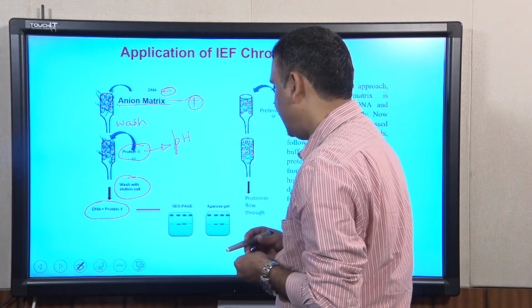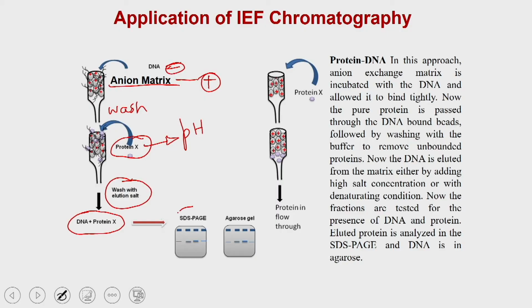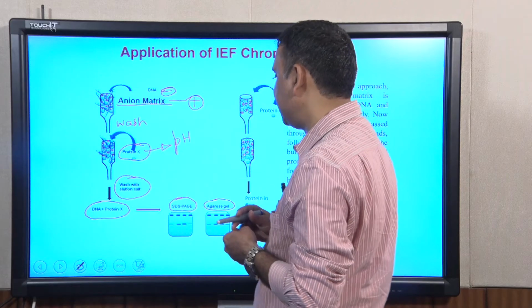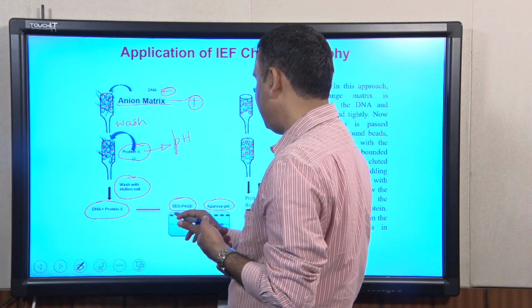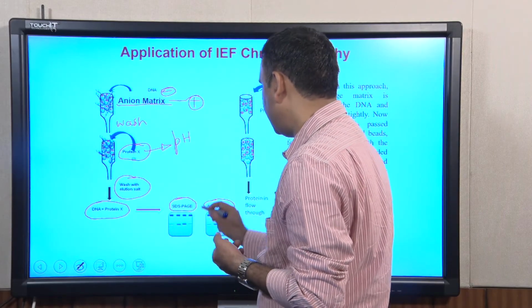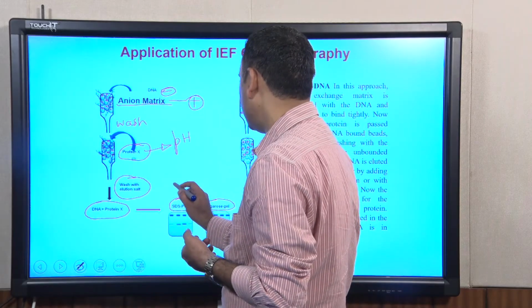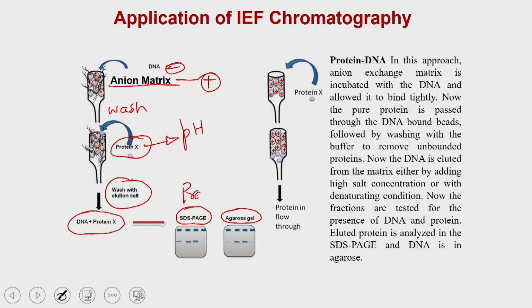Once you elute, the protein can be analyzed on SDS-PAGE, whereas the DNA can be analyzed on agarose gel. Once you elute the complexes from these beads, you get different fractions, and all these fractions can be analyzed on SDS-PAGE as well as on agarose gel.